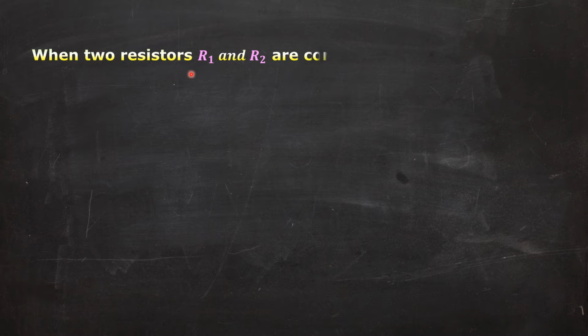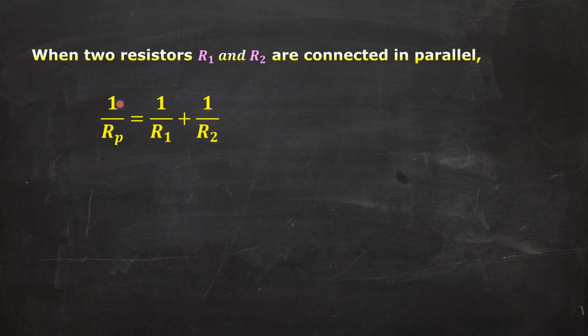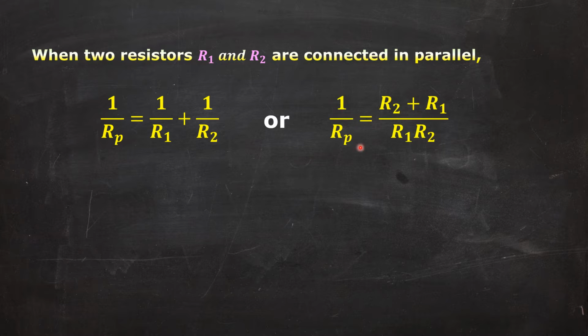When two resistors R1 and R2 are connected in parallel, we calculate the equivalent resistance directly with one formula. See here, 1 by Rp is equal to 1 by R1 plus 1 by R2. Let us simplify it. By taking LCM, we get R1 R2.